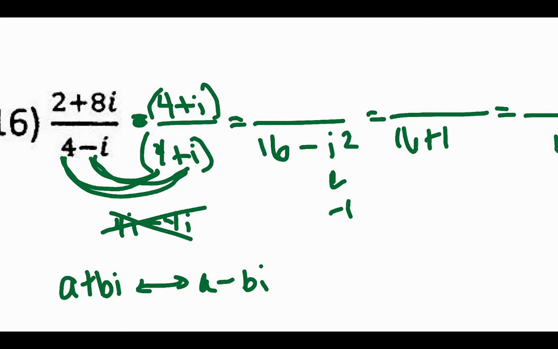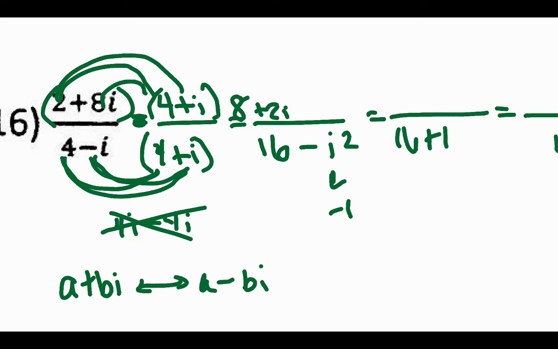Let's move across the top. Make sure that you FOIL. 2 times 4 is 8. 2 times i is 2i. 8i times 4 is 32i. And 8i times i is 8i squared. So we have a little simplifying to do.